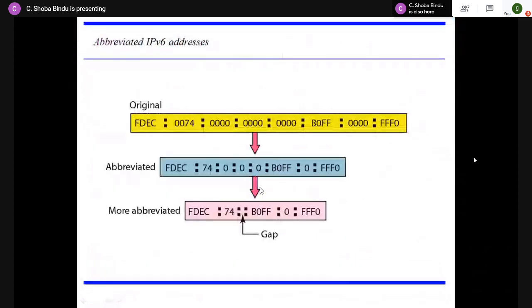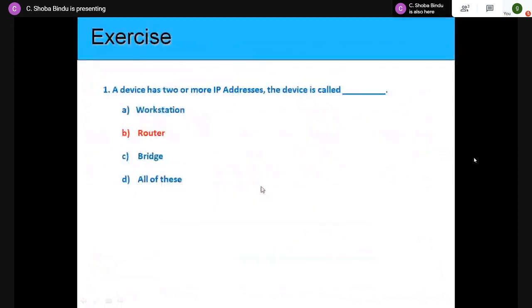So the answer is a router. A router is a device which will have 2 or more IP addresses. But the bridge works at the data link layer, so it will not have 2 IP addresses. The workstation is the end node, so it will have one IP address.